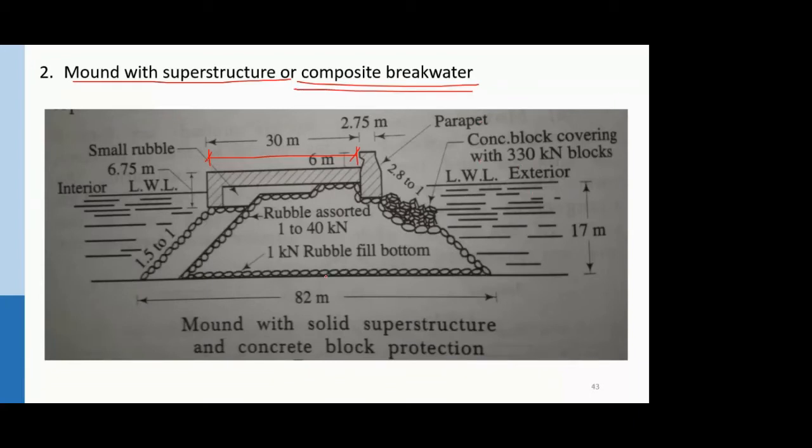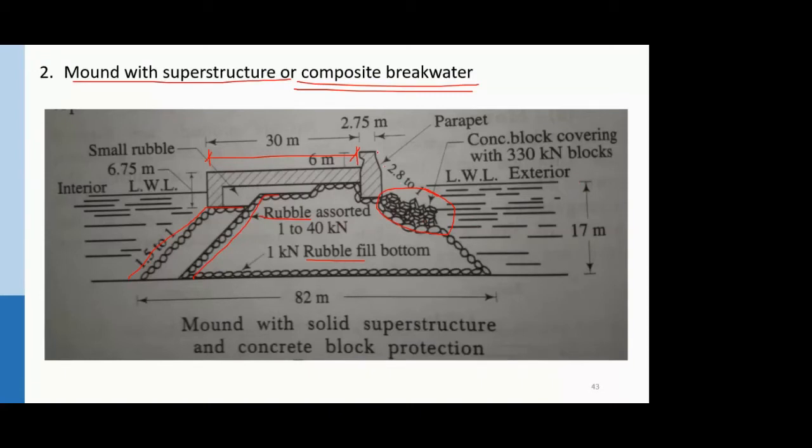In the photograph or the diagram, what you see over here is a rubble filled material. And you have different slopes over here. Also on the seaside, you have some concrete blocks.